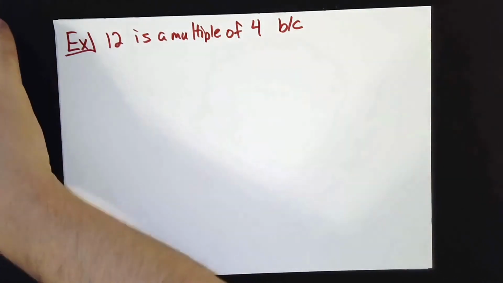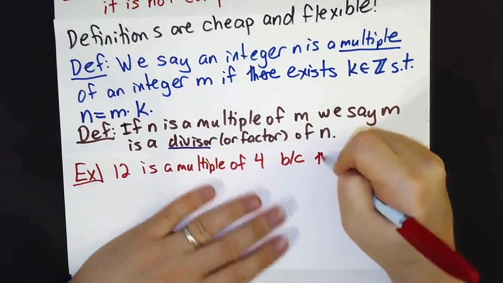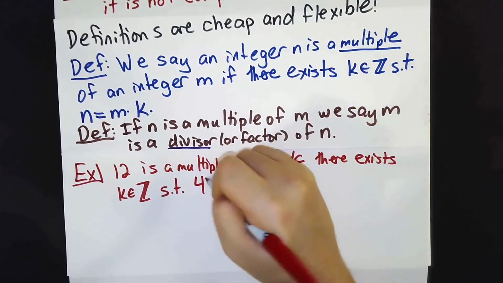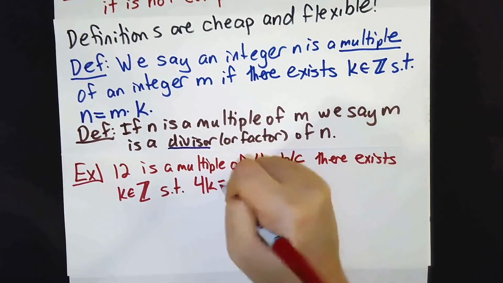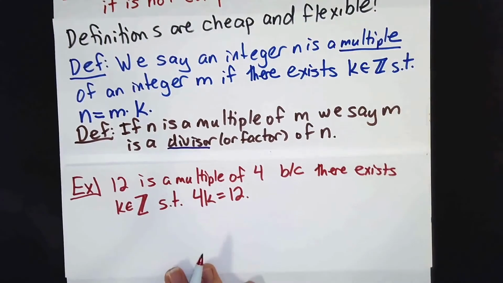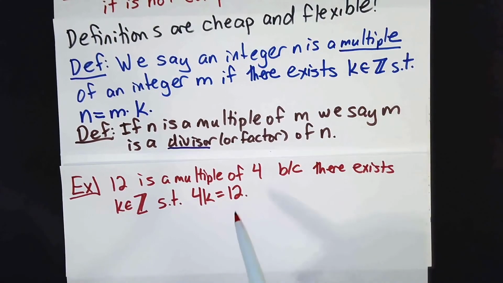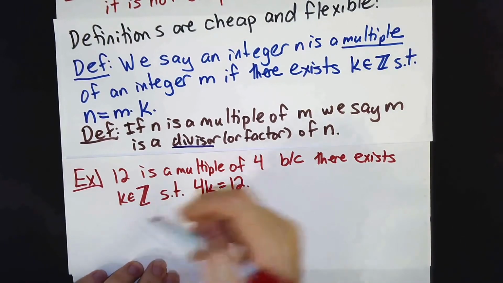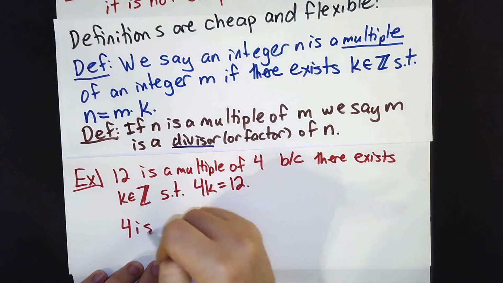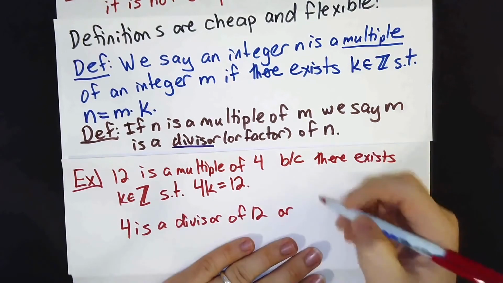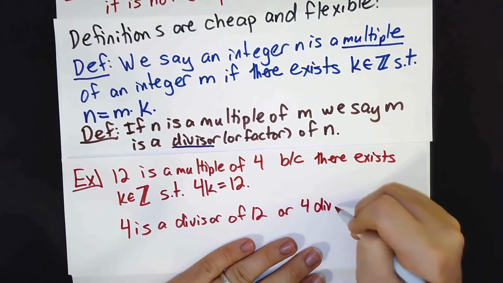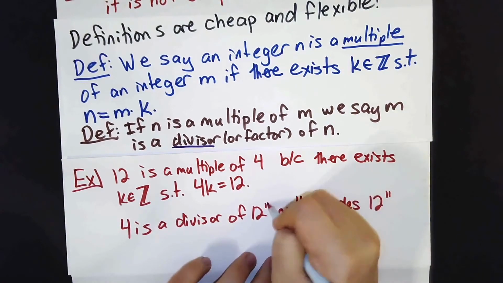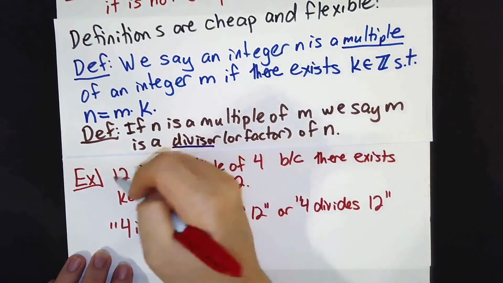Well, by our definition, it means that there exists k such that 4k equals 12. And that's certainly true. K is 3. Since 12 is a multiple of 4, we'll say 4 is a divisor of 12, or also 4 divides 12. Okay, so these are different ways of saying the same thing.